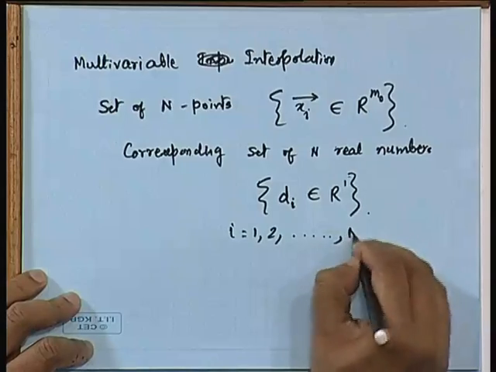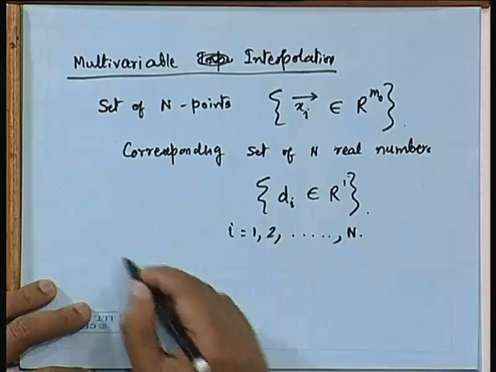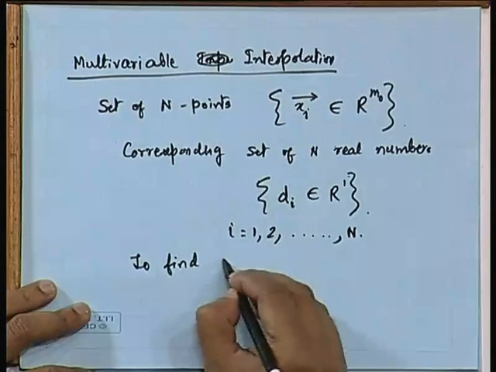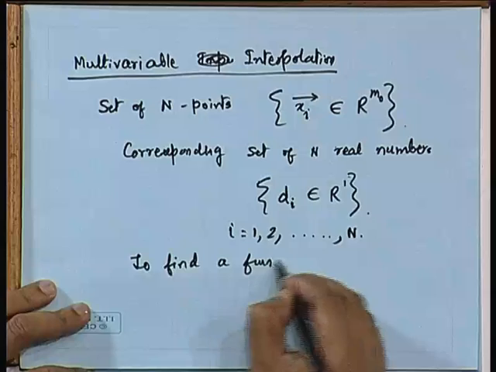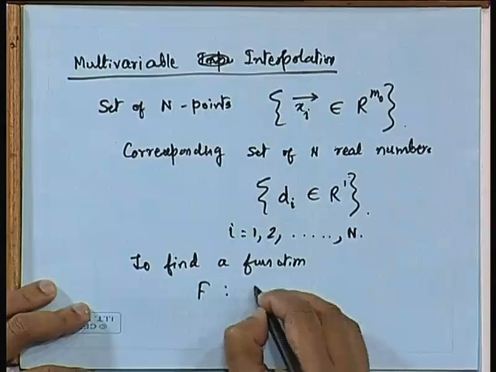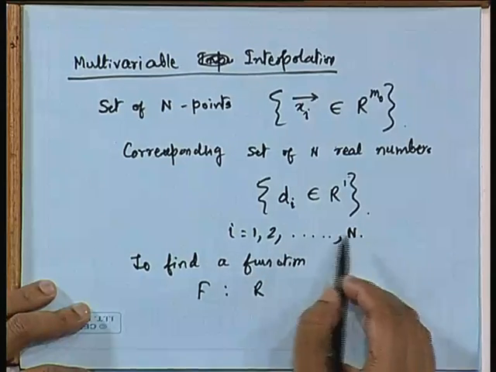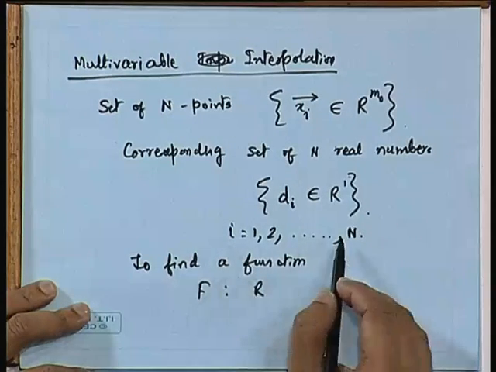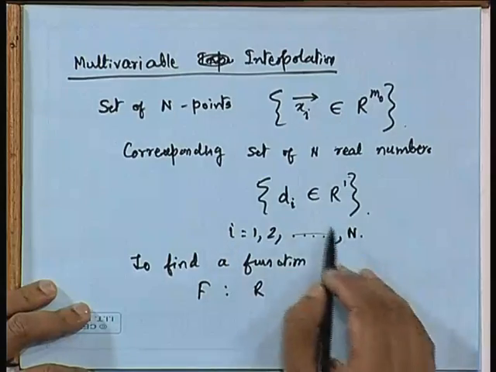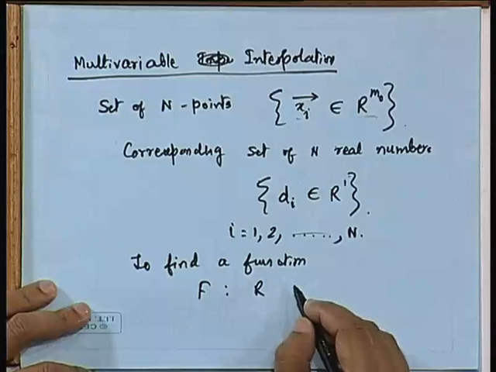The multivariable interpolation problem is to find a function f. And what is f? f should be a function such that we are getting n such patterns being fed. So, there are n number of points in this M0 dimensional space.